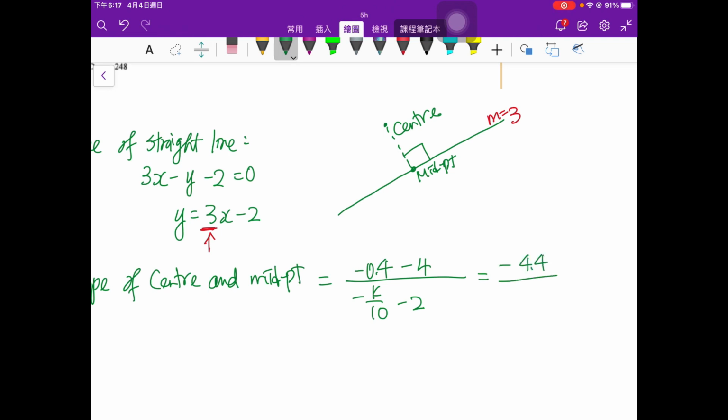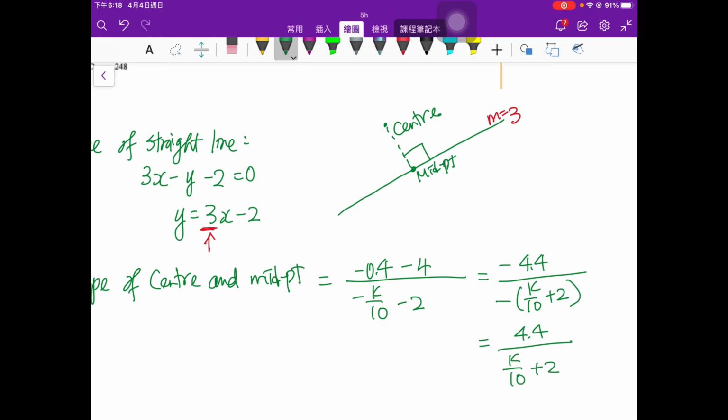Minus 0.4 minus 4 is minus 4.4, over minus (k over 10 plus 2). I take out the minus, so the negatives cancel and become positive.